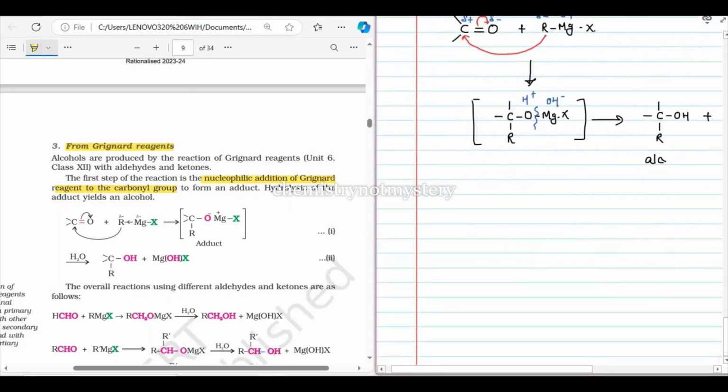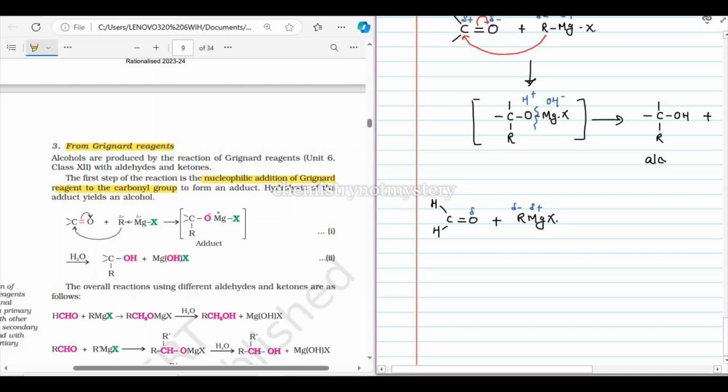Let's try to write the reaction with formaldehyde. If I take the example of formaldehyde, this is H-C double bond O, with another H. When it reacts with RMgX, as we discussed earlier, magnesium is an electropositive element, so the alkyl group will become delta negative.